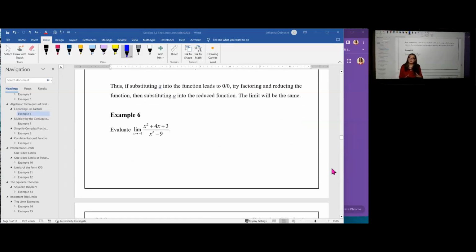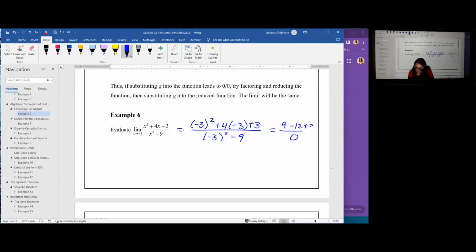The first step is always substitute the value of a into the function. In this case, the limit is approaching -3. When I substitute the value of -3 into the function, I get 0 in the denominator, and I get 9 minus 12 plus 3, which is 0 over 0.